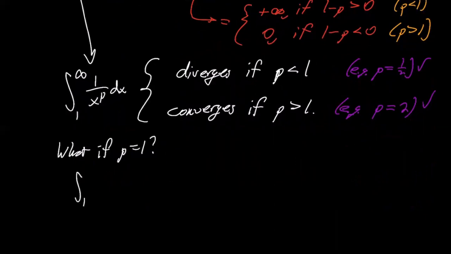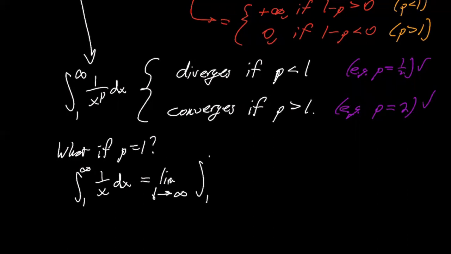Then we have the integral from 1 to infinity of 1 over x. Still can't draw an infinity sign. Okay, but this is interesting, right? This is actually, well, I'm just going to write the definition like I normally do. I have trouble every time I draw an infinity sign.